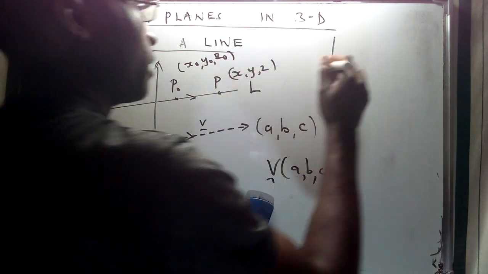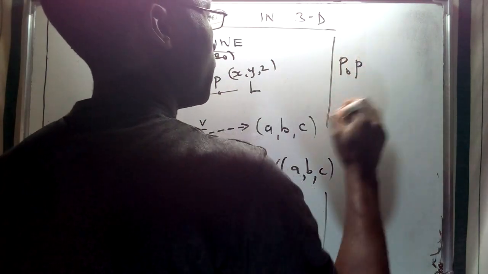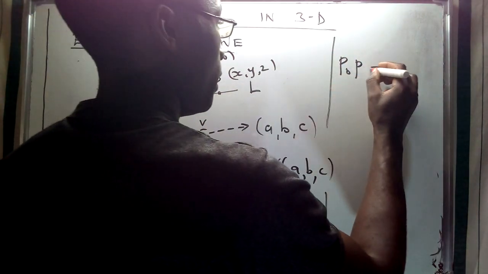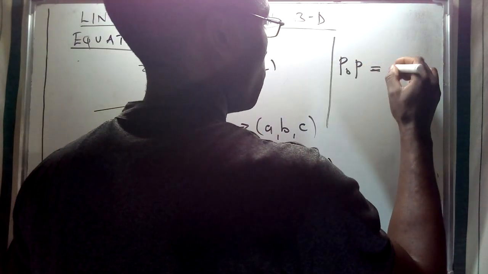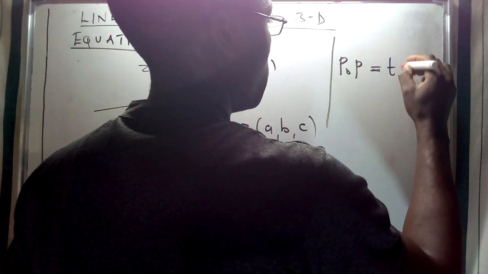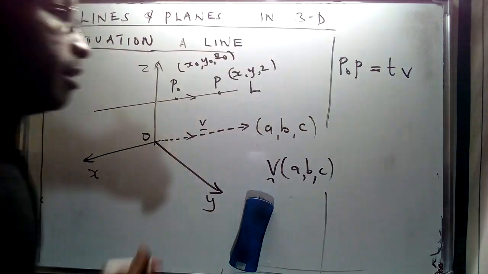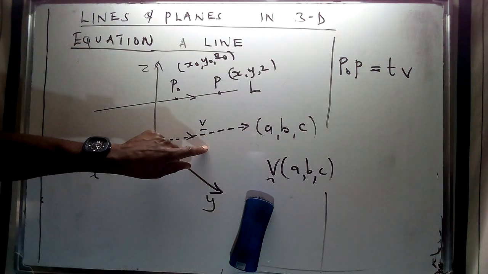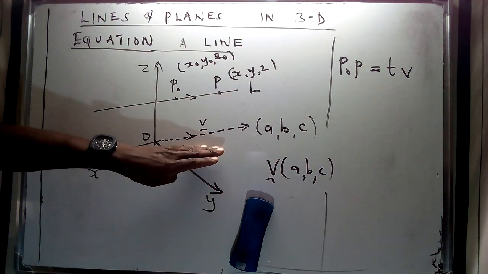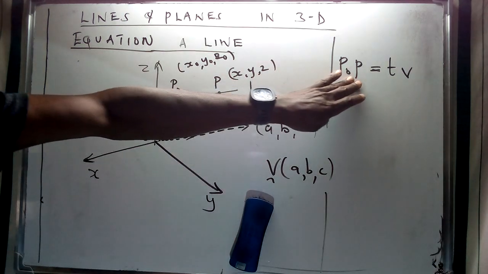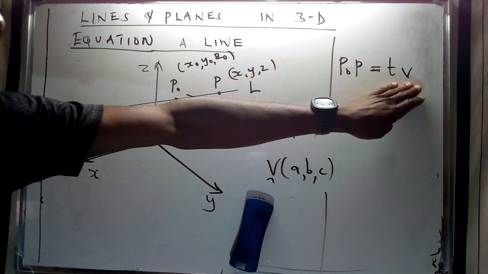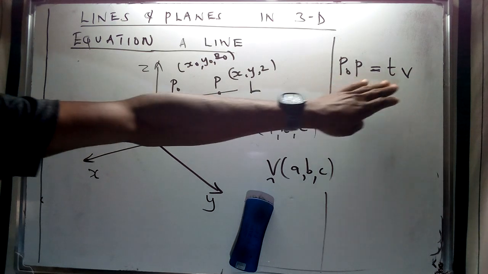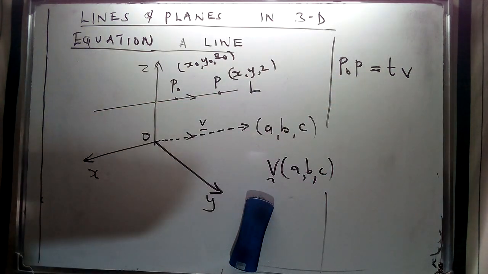We can say that vector P0P is parallel to this particular vector v. But since there exists a scalar multiple, like the one between 2 and 4, vector P0P is going to be achieved by multiplying vector v by a particular scalar, which is going to be given as t.